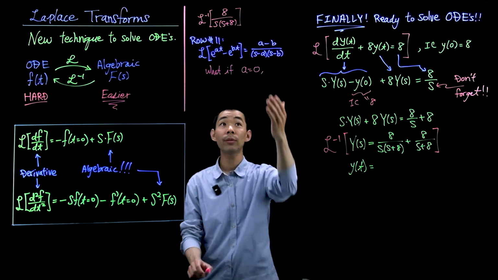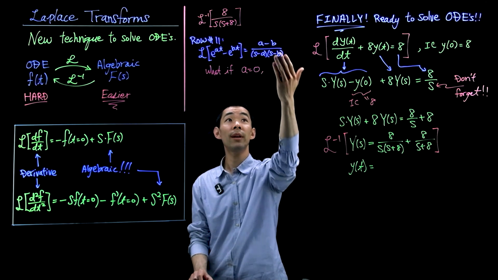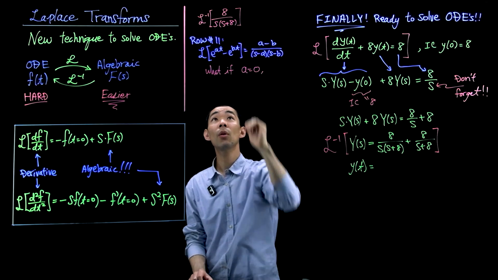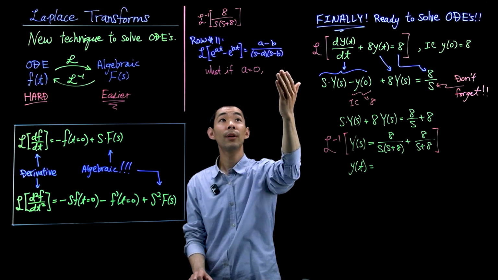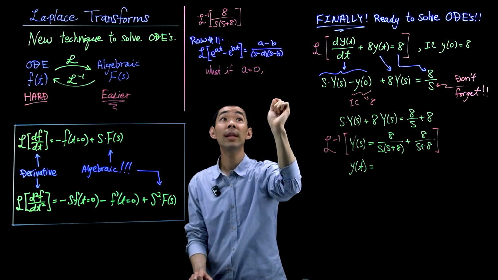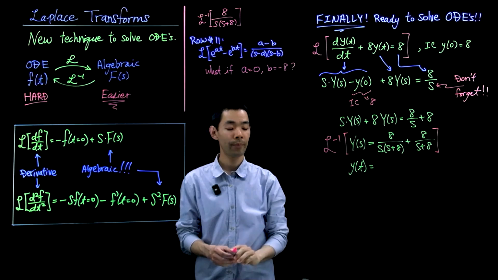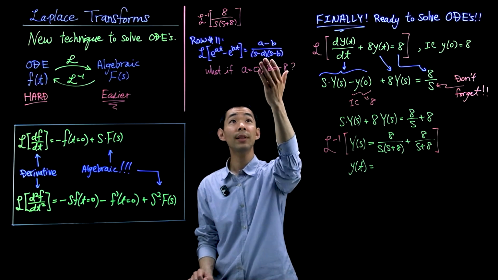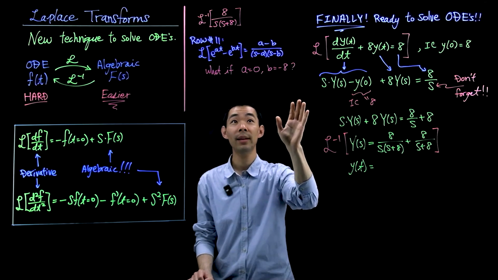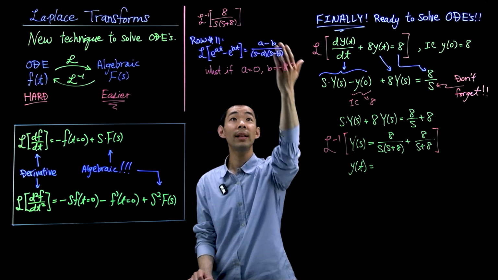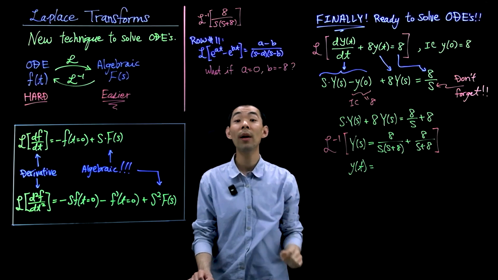And if a were equal to 0, then I have s minus b over here, and I want that to equal s plus 8 on the denominator to capture the other term. So if b were equal to negative 8, we can make it map together. Just like this. So if a were 0, b were negative 8, then you can clearly see that this on the right-hand side exactly maps to the function, the term that we want to take the inverse of.